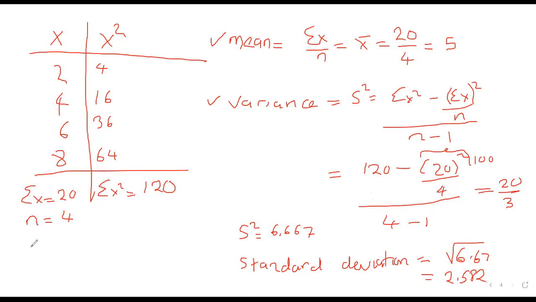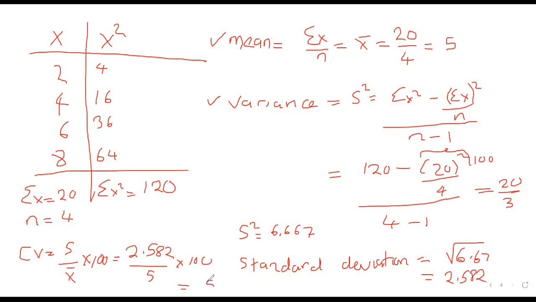Then to find the coefficient of variation, it's simply the standard deviation over the mean times 100. 2.582 divided by the mean, 5, times 100.